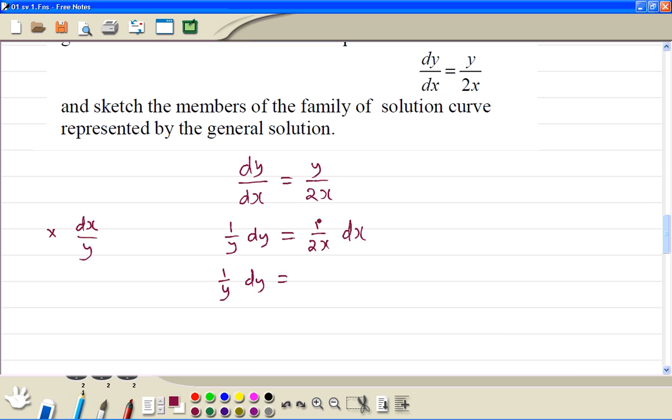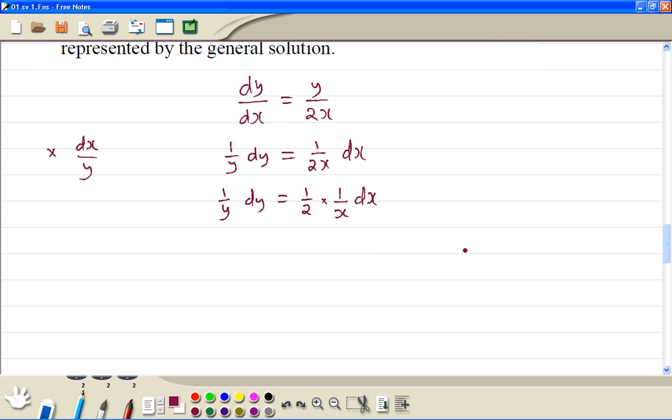Don't confuse with 1 divided by 2x. Write separately, this is half times 1 over x dx. Integrate, we get ln y equals half times ln x. Then we can add the arbitrary constant. You can write anything as long as it's a number.